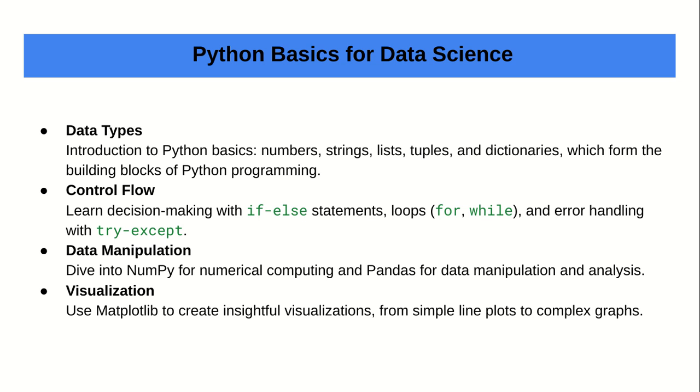Basically NumPy was invented by scientists who were trying to do very complex numerical computations, and that's why it is more about numerical computation, numeric numbers. Pandas was invented later, it's like built upon NumPy.